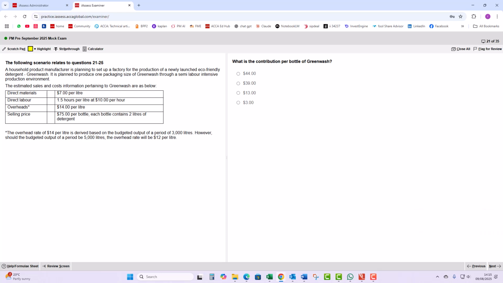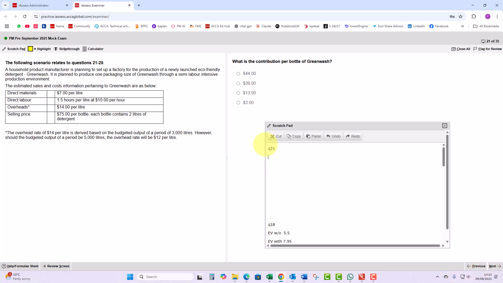This is written by a tutor, and what they should have done, and what you'll often see in the scenario, is you might get some figures like this and then some different figures based on a different product or something like that. And it will tell you what the contribution per bottle is for that second product. And then your other questions will relate to the additional information. So we need to find the contribution per bottle.